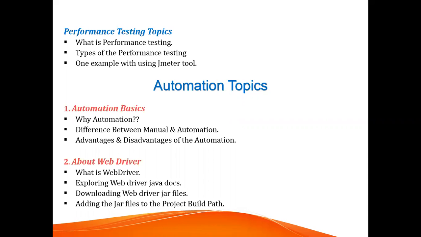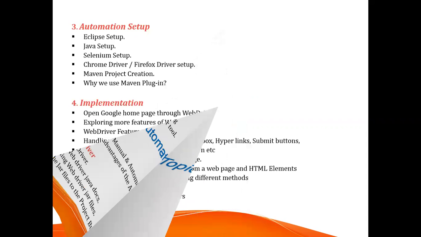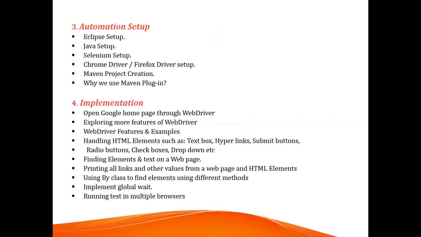And automation basics, I will cover only Selenium for the web application, and Appium for the mobile application. And we'll talk about why we need to do automation, why not manual, what are the advantages and disadvantages, and what is the web driver, and how you set up Eclipse and Java and Selenium, and how you use the different web drivers like the Chrome and Firefox drivers.